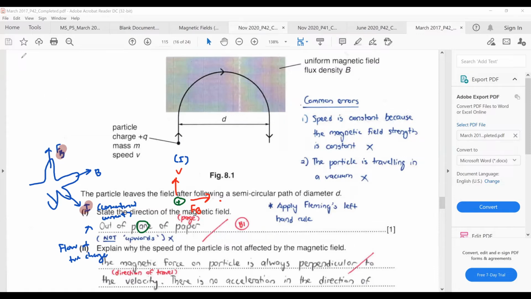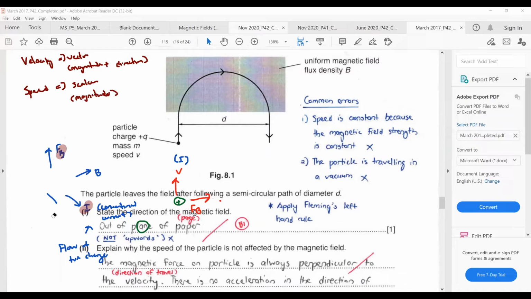If you're talking about velocity, velocity being a vector, you need to consider both magnitude and direction. But speed is different from velocity. It's just a scalar. You only need to consider the magnitude.